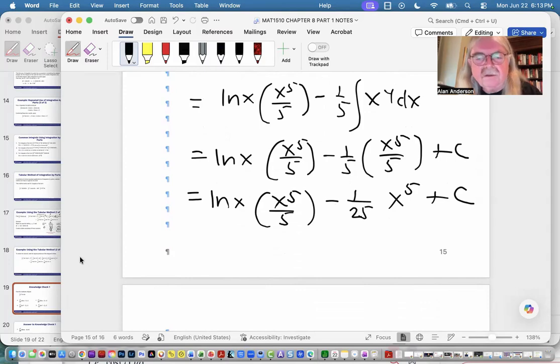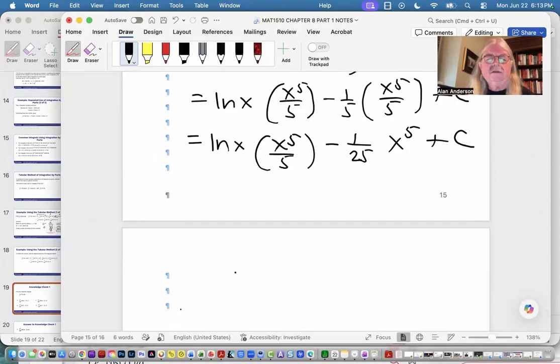I think they want us, though, to simplify it a little. If you look at these options, what do we have here?